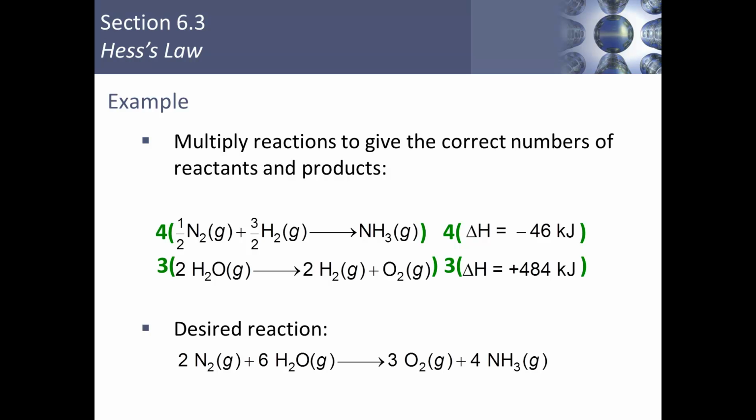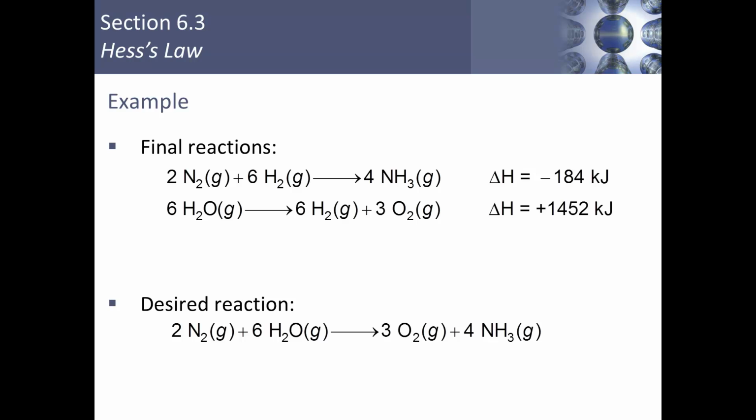We'll multiply our change in enthalpies by 4 and 3 respectively, which gives us, after canceling out hydrogen gas, a sum between our two reactions that resembles the desired reaction. If we then add our change in enthalpies, we get the change in enthalpy for the desired reaction of 1,268 kilojoules.